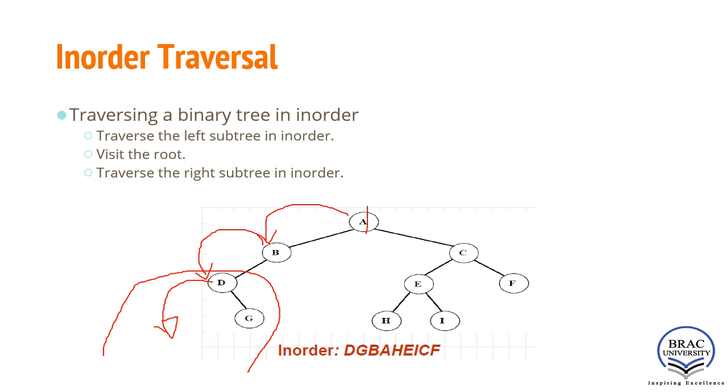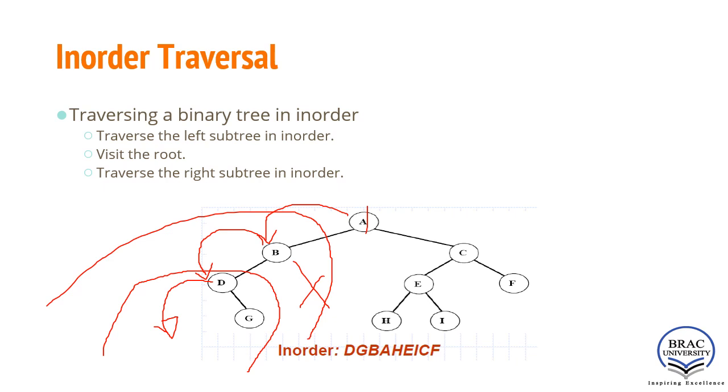So this is the left part of B, and B has no right part. So for the in-order traversal of this part, the order will be D, G, then B. After this part, we have completed the traversal of the left subtree of the root.